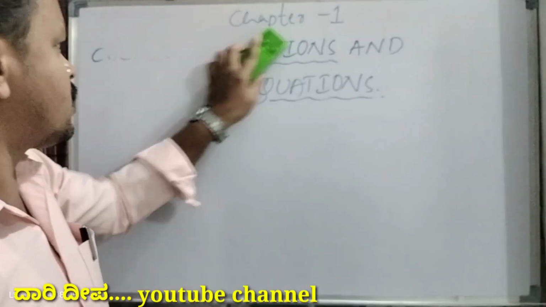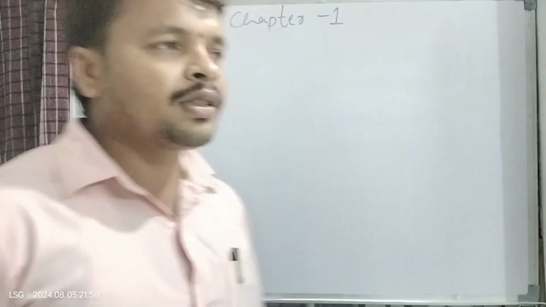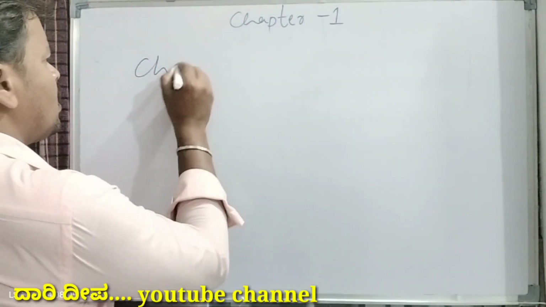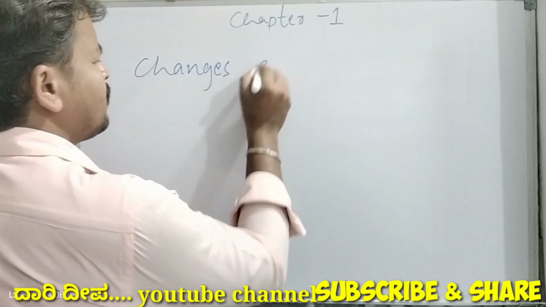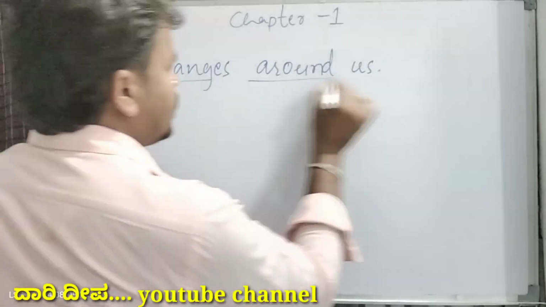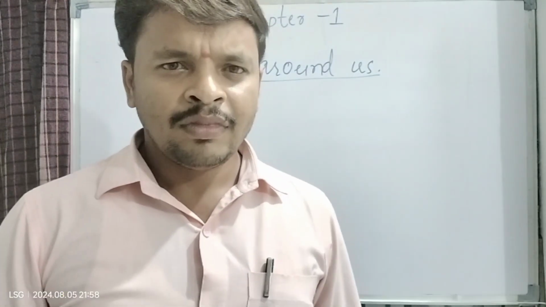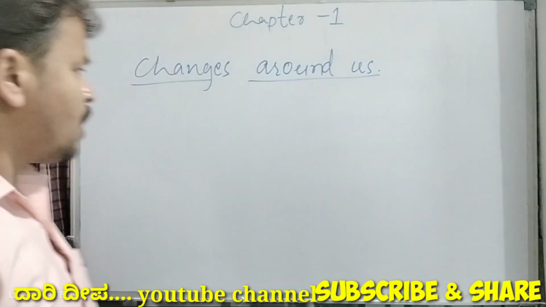So what are those concepts? I think you might have studied in the previous classes about the changes around us. Dear students, in our surroundings we can see several changes.